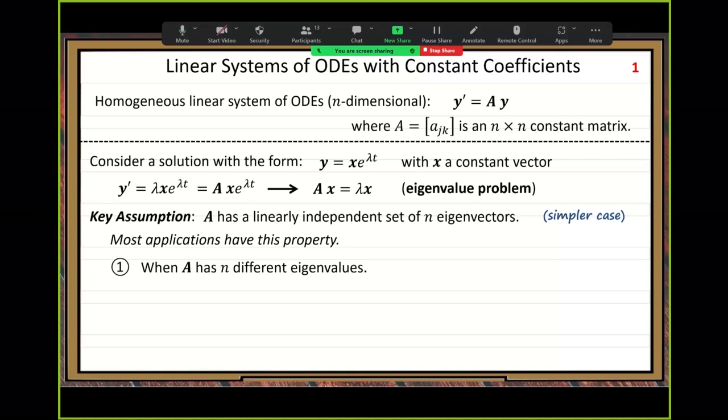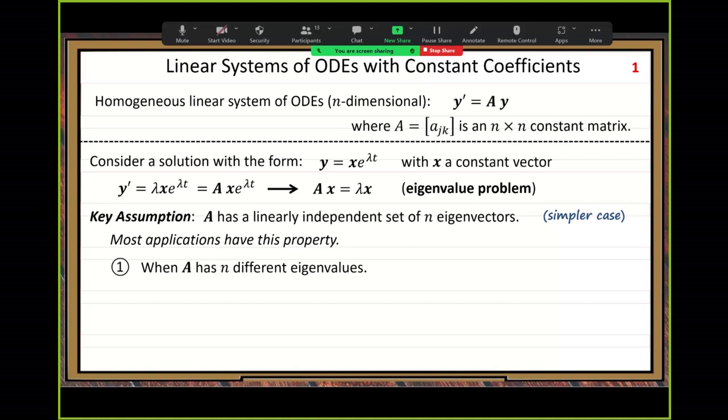When A has n different eigenvalues, then this condition must be satisfied. Here we do not prove it, though mathematically it can be proved. In a full linear algebra course you will see the proof there, but here we just use the result.